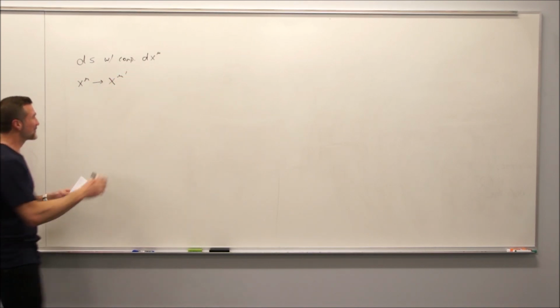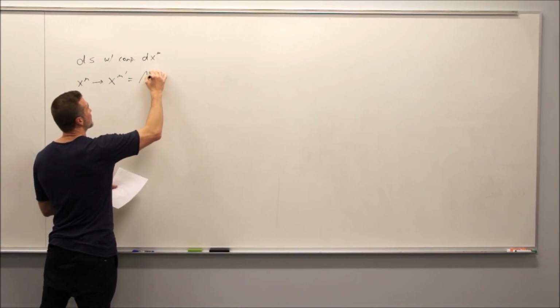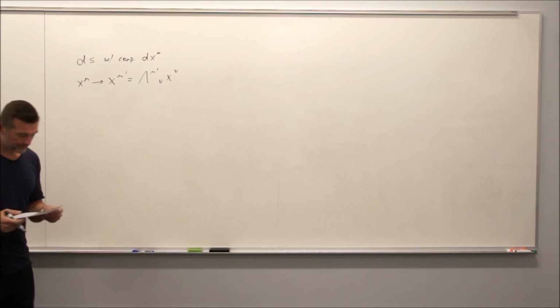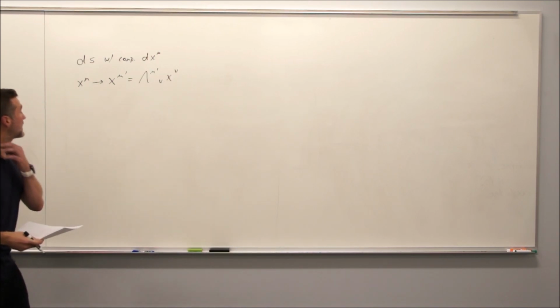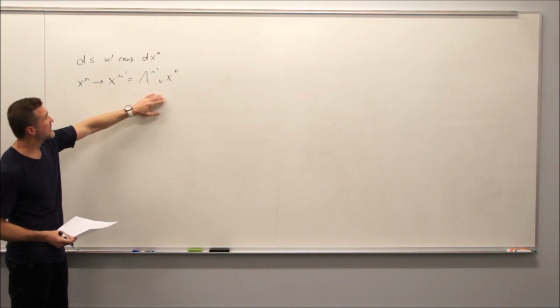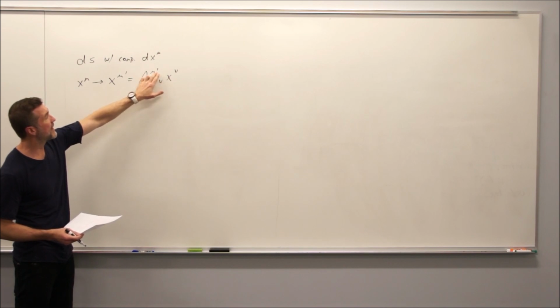If we do a coordinate transformation, then we can transform our coordinates with some linear operator that we can express like this. Where this is, as we talked a little bit about last time with the index notation, a transformation matrix from the unprimed frame to the primed frame.